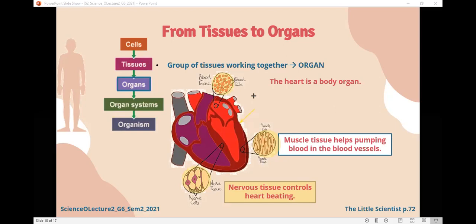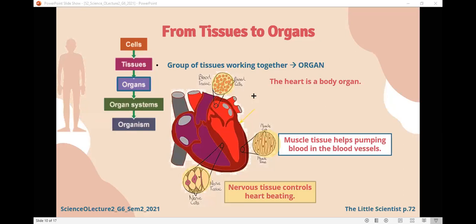Should I repeat the function of these tissues? The epithelial tissue to line the heart, the muscular tissue to help it move, to pump the blood, the nervous tissue to receive messages from the brain, the blood tissue with all the functions of the blood cells inside. I think this is easy for you. If you have questions about this, I will repeat. The heart pumps blood.